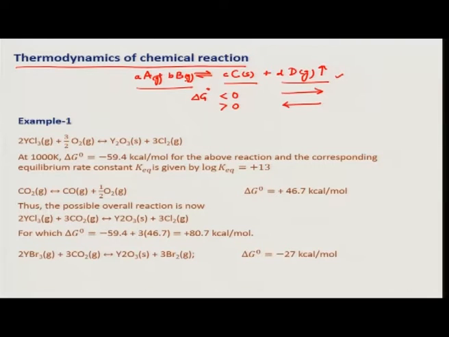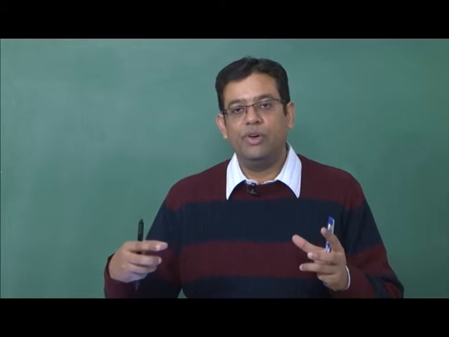Now, delta G is a very strong function of temperature. So, that is why it is very important to understand how the temperature is going to play the role to adjust the reaction rates, and how we can tune the chemistry of the reaction such that we have a control over the reaction rate.